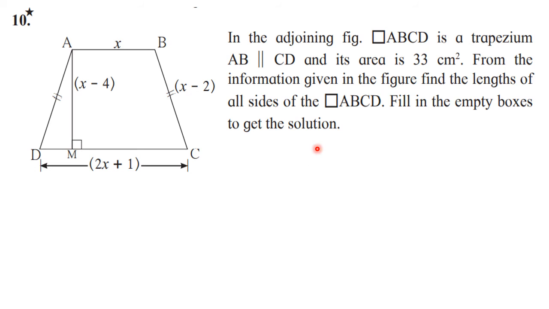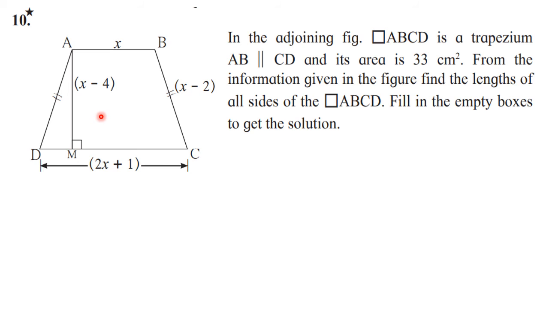So this is an activity based question. So half of the things will be given to you and half you need to find. So here, if this is not coming as an activity, if it is coming as a question itself directly, then since the area is given, you need to know the formula of area of trapezium. That is half into sum of parallel sides into height.